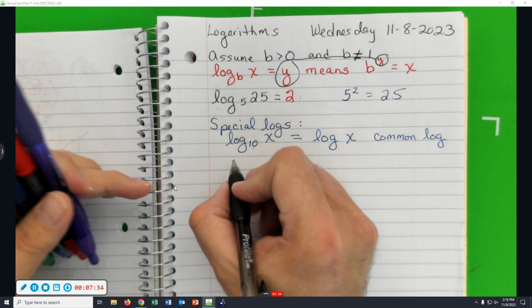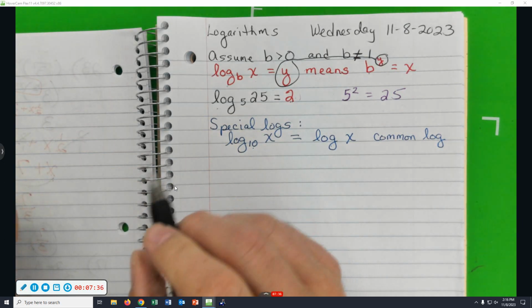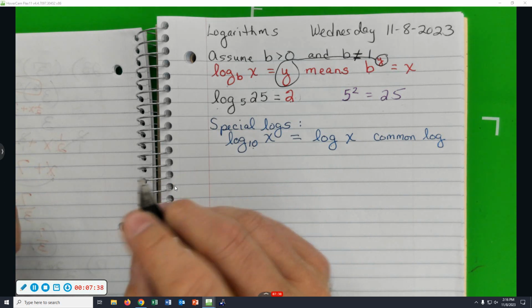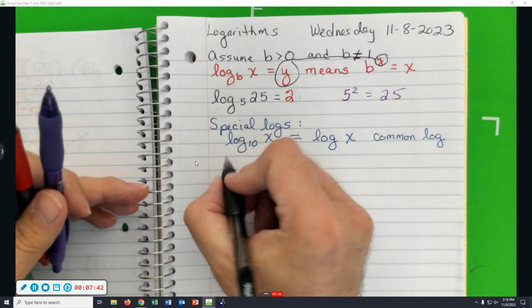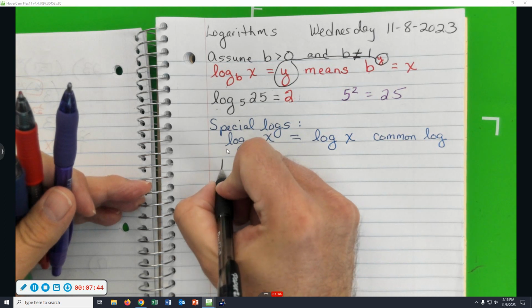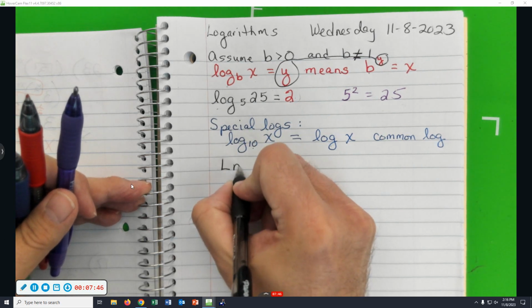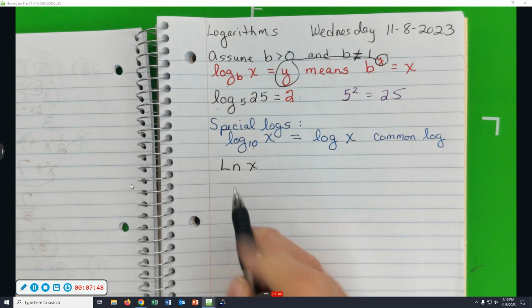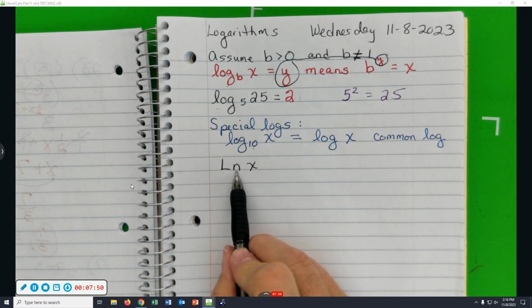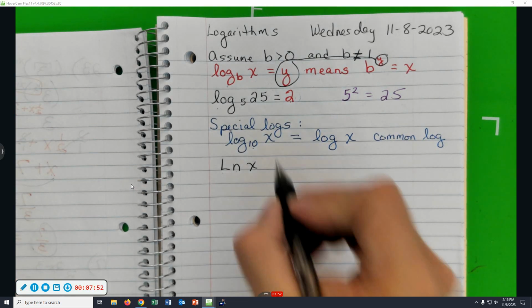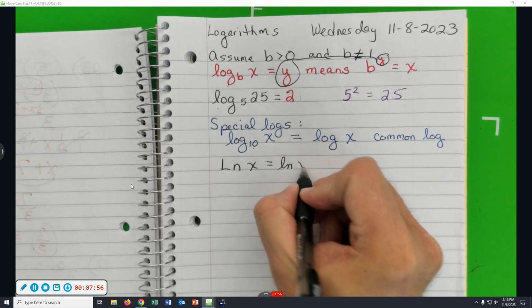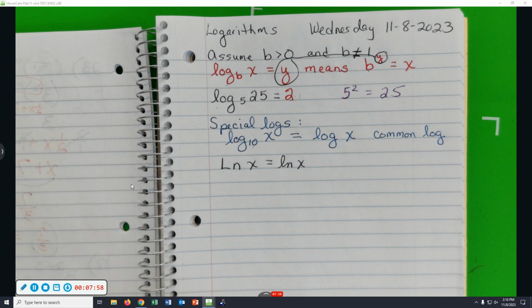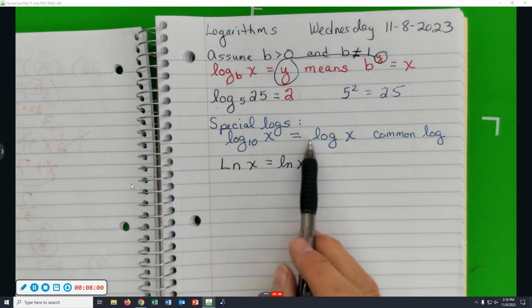The other one, I'm going to use a capital letter, although you should never type capital letters on Pearson. Use a cursive L. This is LN. When I write it cursive, it'll look like that. I don't write a lot of cursive, but you'll notice I'm writing my L's cursive.